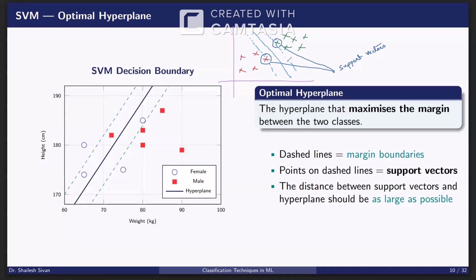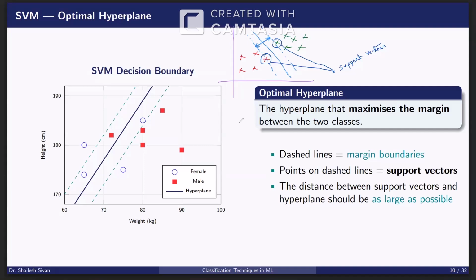And the distance between these two lines is actually called what? Margin. So these are marginal boundaries or marginal planes, and these marginal planes are parallel to our what? Decision boundary.